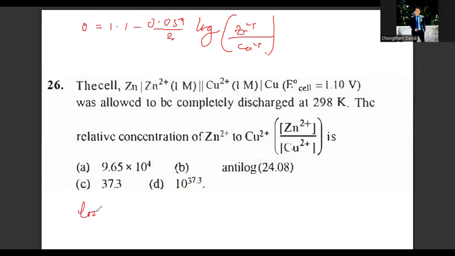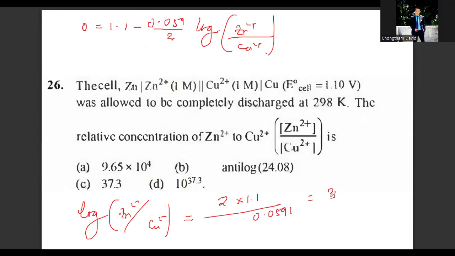So let me write here on the bottom, log of zinc ion by copper ion would be, yes, after simplification, you get 2 times 1.1 divided by 0.0591, approximately 37.3. So by using the method which I have taught, okay, you go and find out the video in the shorts, you will find that there is a section where you can easily determine anti-log values without the help of calculator or any log table.